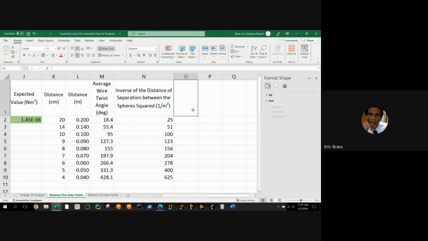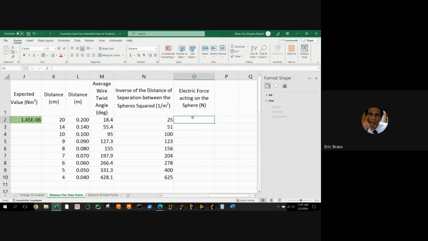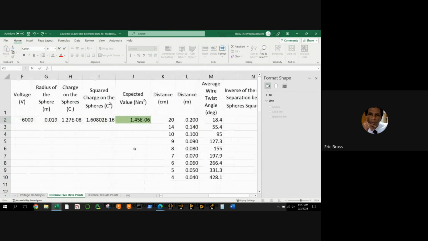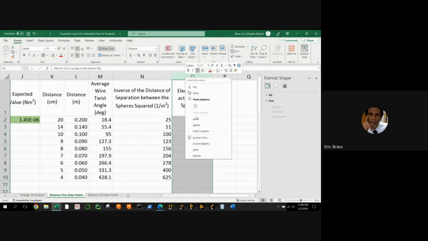And then we're going to find the force acting on it. So this is the electrical force, and we know that this is in newtons. So that's going to be our K. I don't really like to just refer to other pages without having some explicit thing.